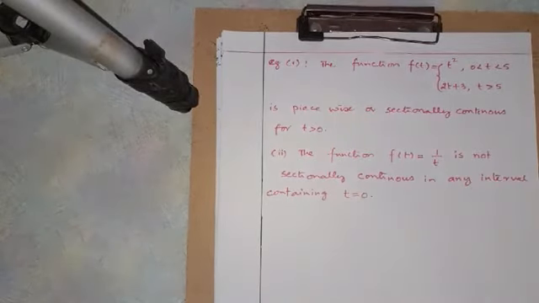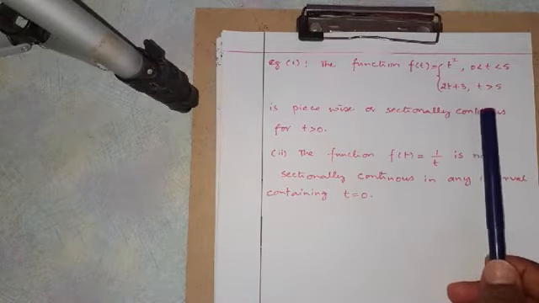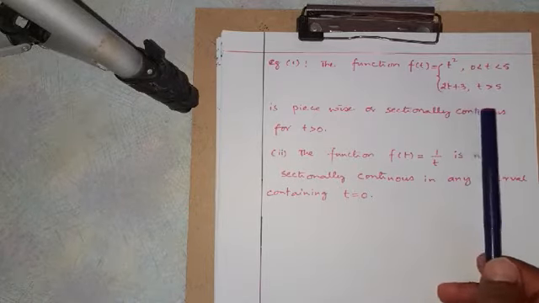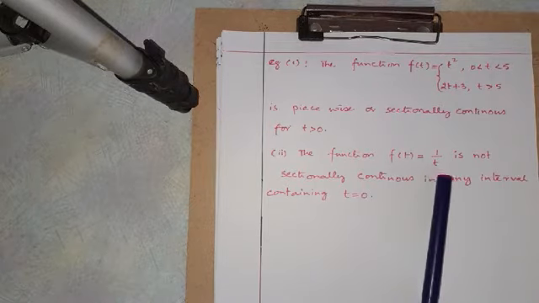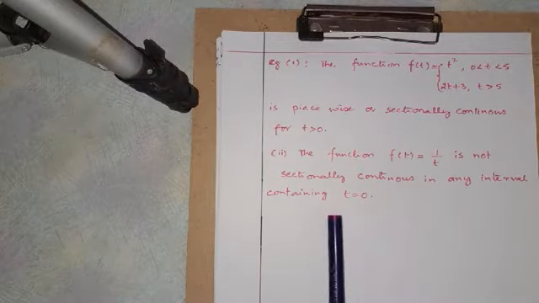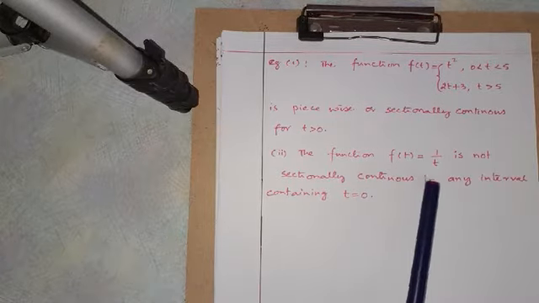So whenever a function of t is given, if you want to check whether it is piecewise continuous or sectionally continuous, this example will be helpful. A piecewise continuous function will be in the earlier form, so this is not piecewise continuous. Here, in any interval containing t equal to 0, when you substitute t equal to 0, it becomes infinity.